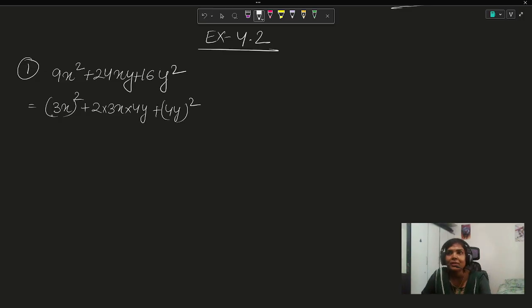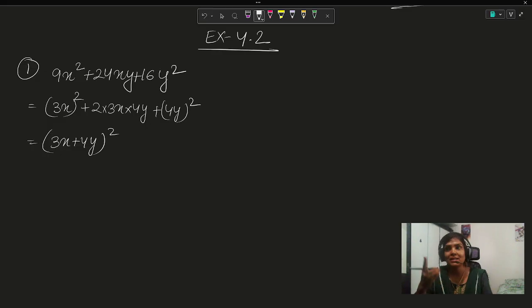So see, the first term 3x whole square is 9x square, 4y whole square is 16y square, and the middle term by multiplying you can see 2 3s are 6, 6 4s are 24xy. Correct? Now in which format did we write it? We wrote it as 3x plus 4y whole square.